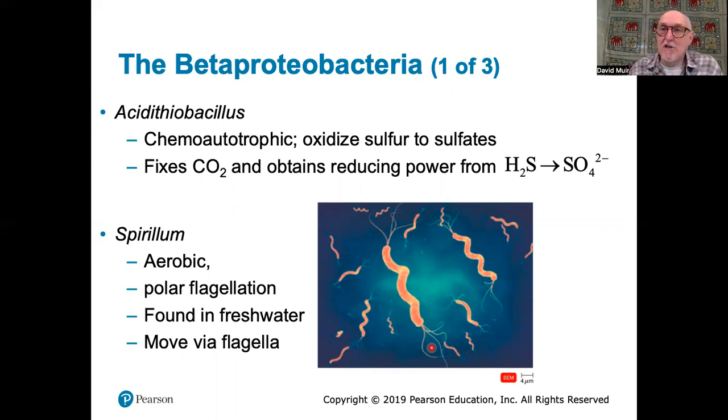Spirillum is a large cell. It is spiral, but it is motile by these flagella at the end. It is polarly flagellated, usually with a tuft of flagella, and is found in fresh water. It's an obligate aerobe, and it is a very common aquatic and moist soil bacterium.